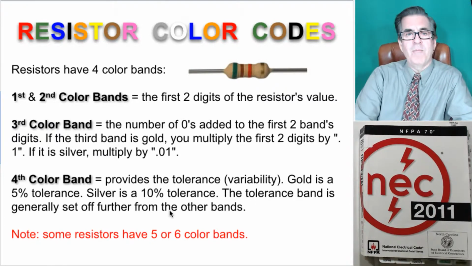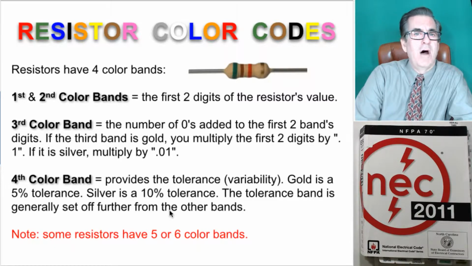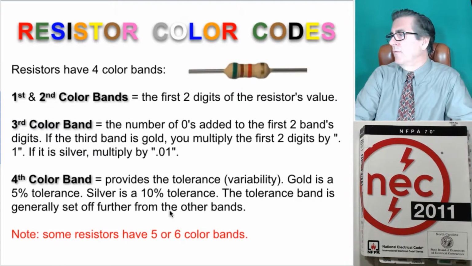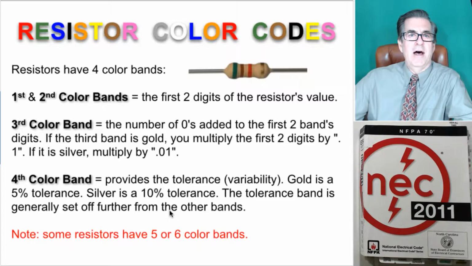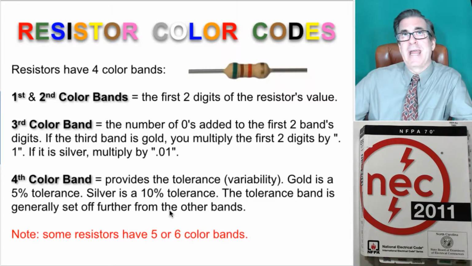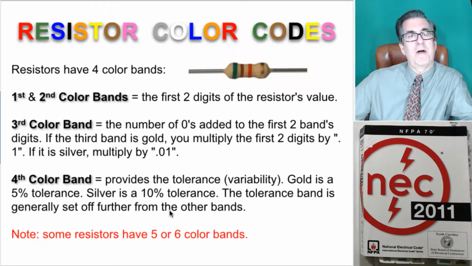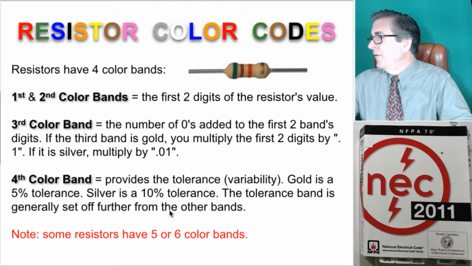That's just a number that is multiplied by the first two values to come up with the total resistance of that particular resistor. And then the one far off on the right would be the tolerance, the variability of the resistor. If it's, say, 47K or 47,000 ohms, ohms is what resistors are measured in, and maybe it's 5% below that or 5% above that on the tolerance.